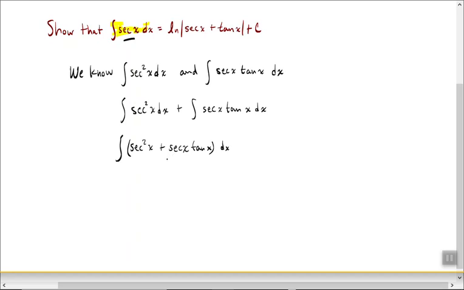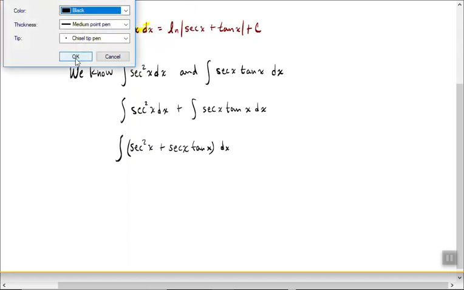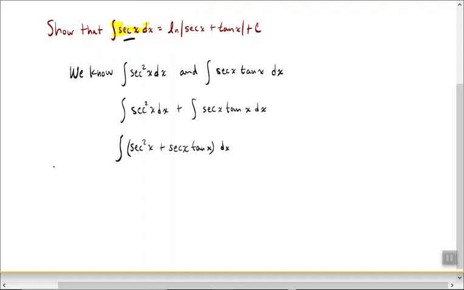So what we're going to do is come back to our original problem and make it look more like this problem here, secant squared plus secant x tan x. So let's go to my black pen, and here we're going to start the problem back.